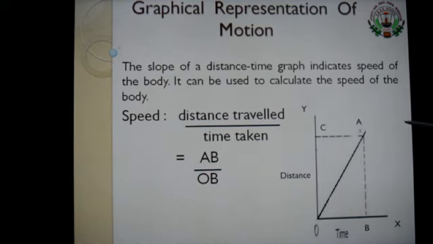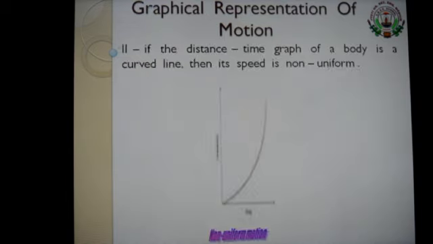But AB upon OB is known as the slope of the graph OA. Therefore, in the distance time graph for uniform speed, the speed of the body is given by the slope of the graph. In other words, the slope of a distance time graph indicates speed.